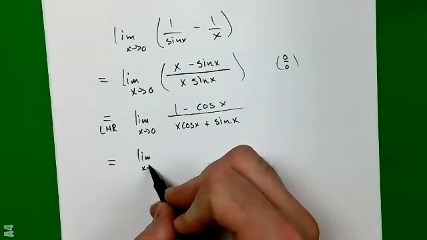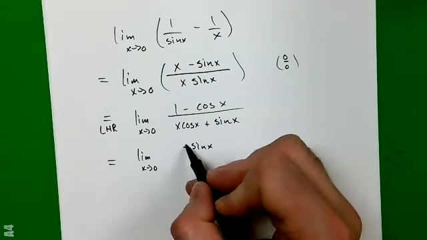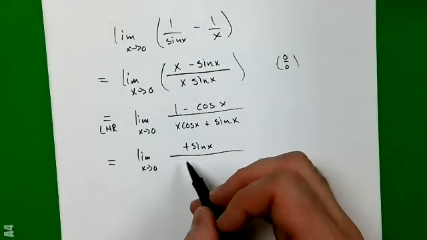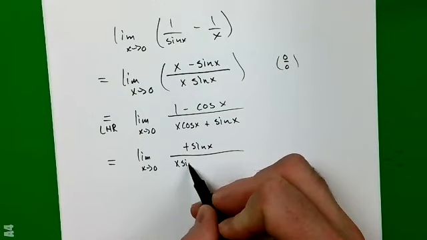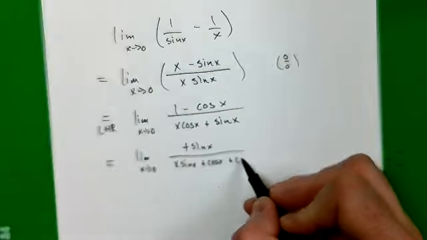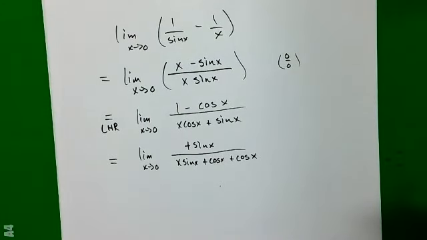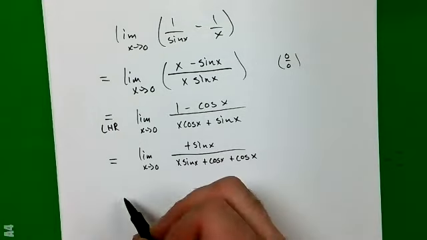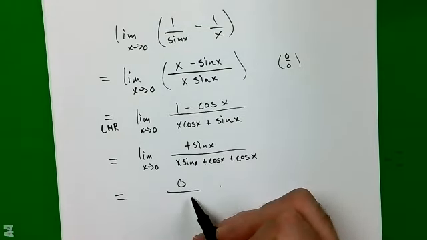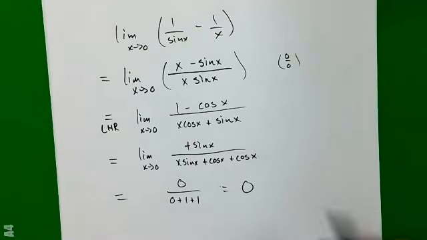That'll be the limit as x goes to 0 of sine x on top, almost fell for it again, and x sine x plus cosine x plus cosine x on the bottom. So as x goes to 0, this will be equal to 0 over 0 plus 1 plus 1, which is 0.